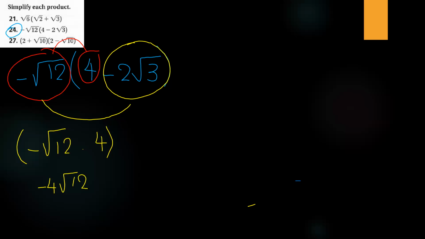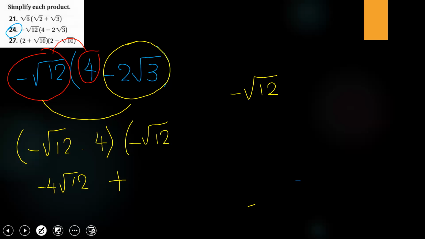Bravo. But teacher, it must be simplified. Yes, but let's continue the second term first. It is negative square root of 12 times negative 2 square root of 3.